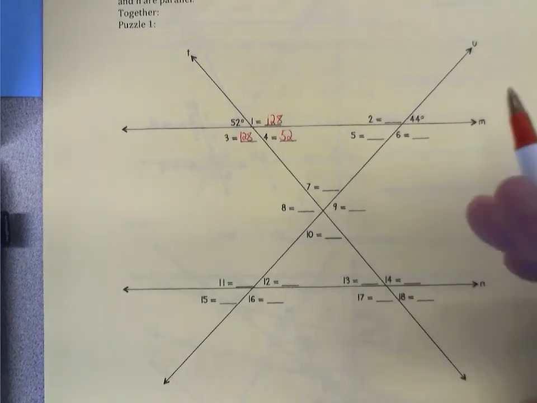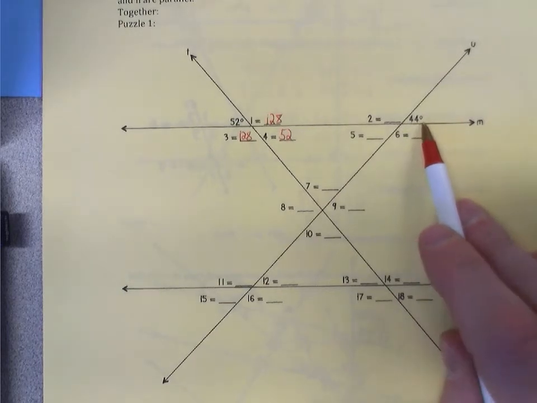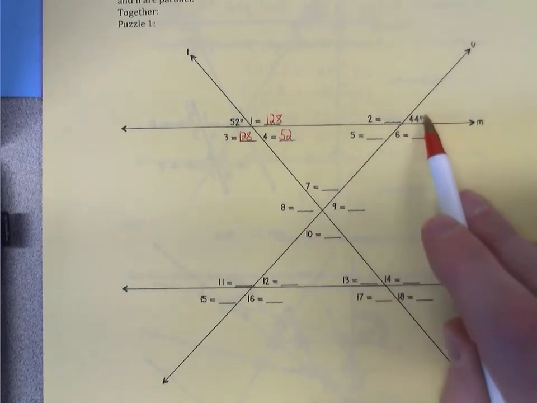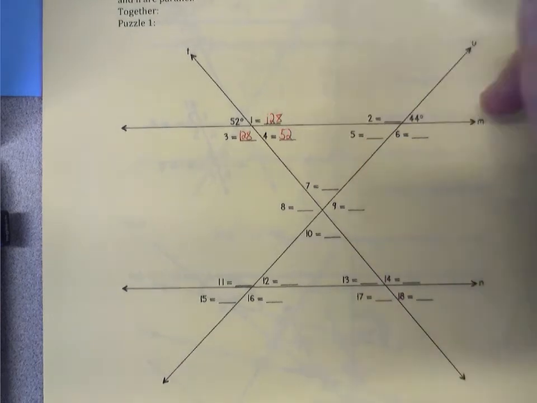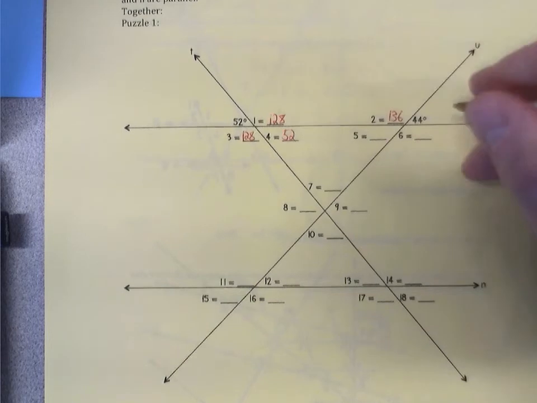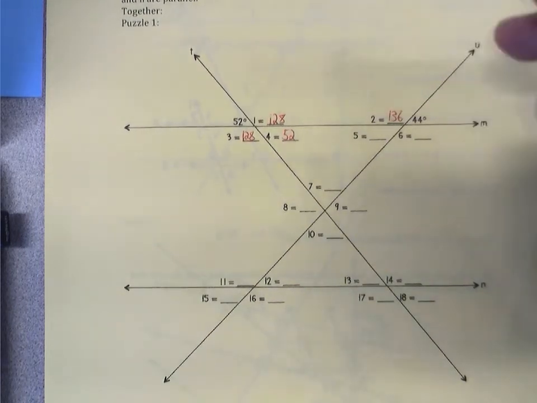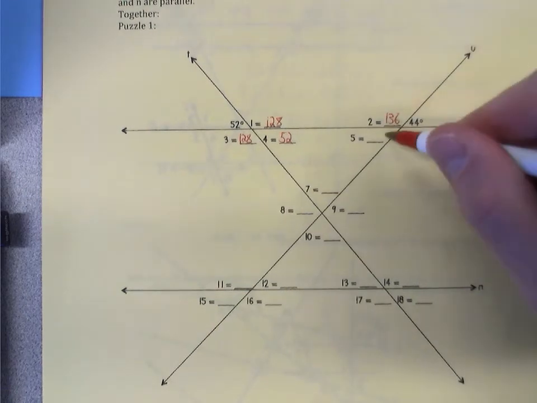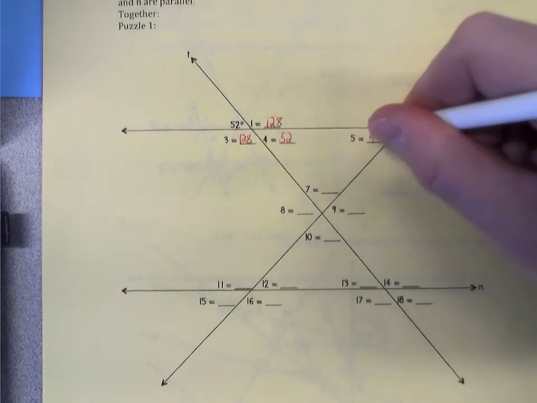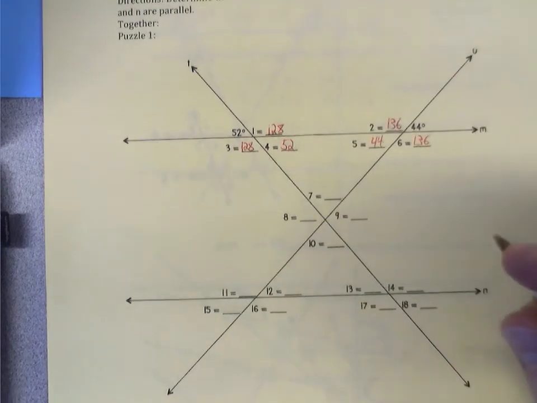Now, the other thing we know over here, if this angle is 44 degrees, again, from here to here, that must equal 180. So we subtract 44 from 180, we get 136. And then from there, we know that this one that is diagonal will be 44, and this one will be 136.